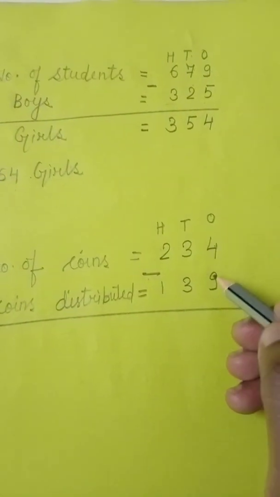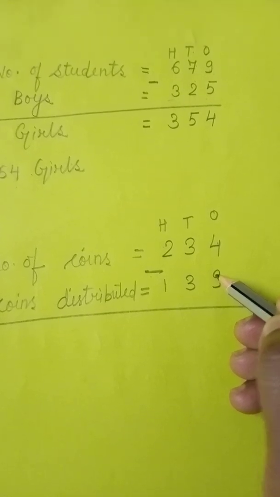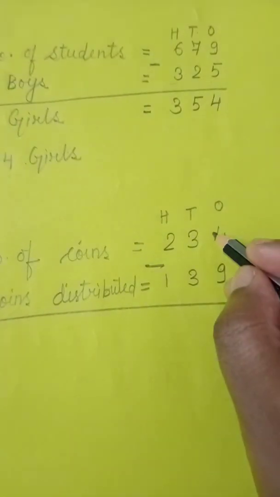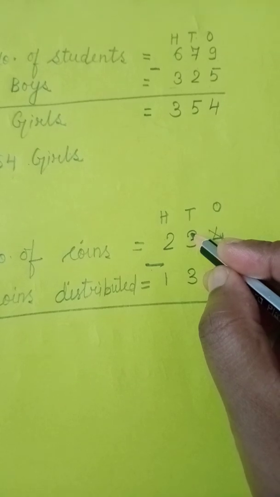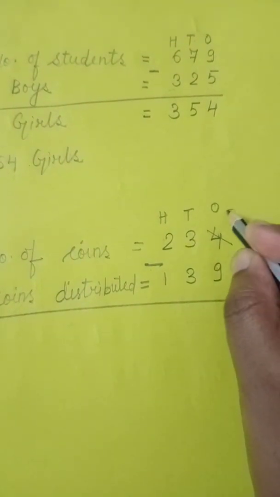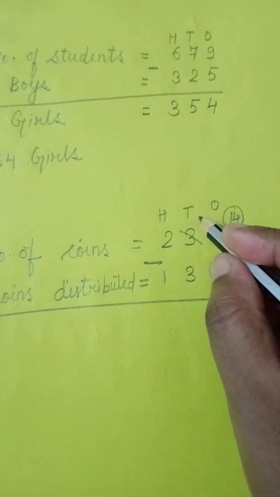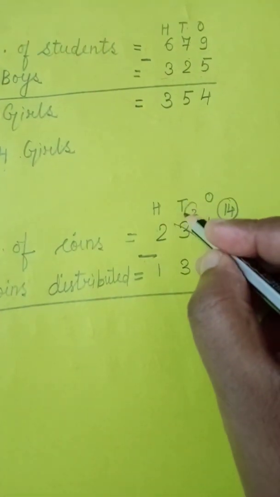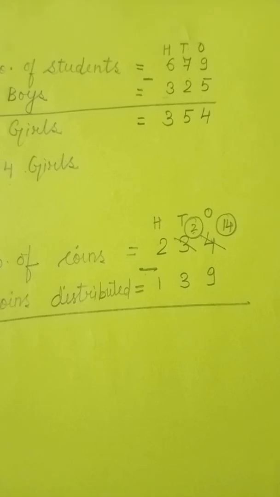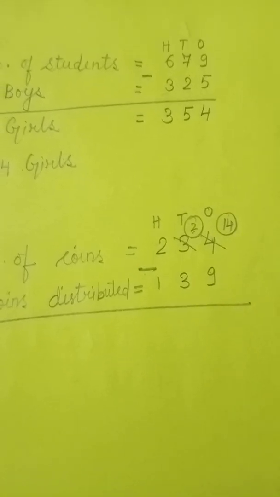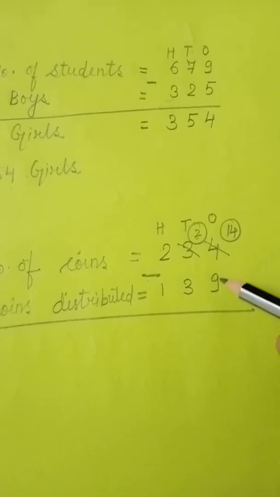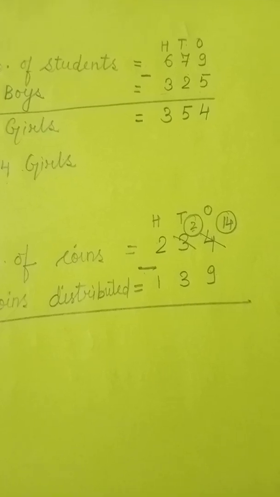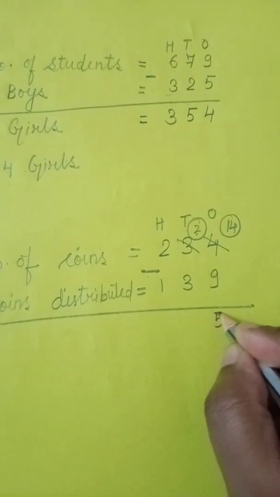Now 4 minus 9. It is not possible because 4 is small. So it will take one carryover from here. It will become 14 and this 3 will become 2. Now 14 minus 9. What will the answer be? 5.